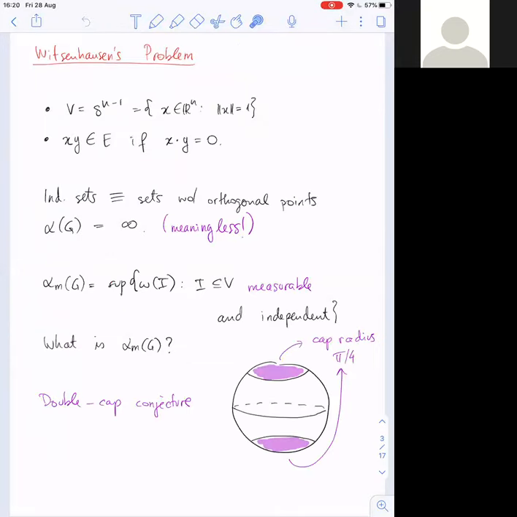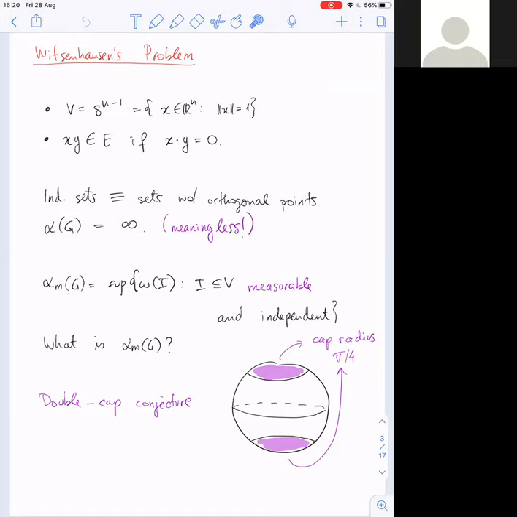It's called Witsenhausen's problem. In this problem, the vertex set of your graph is the sphere in R^n, and 2 vertices are adjacent if they are orthogonal. So 2 points on the sphere are adjacent if the inner product is 0. In this case, independent sets are sets without orthogonal points, right?